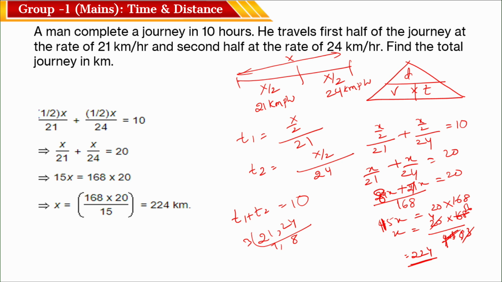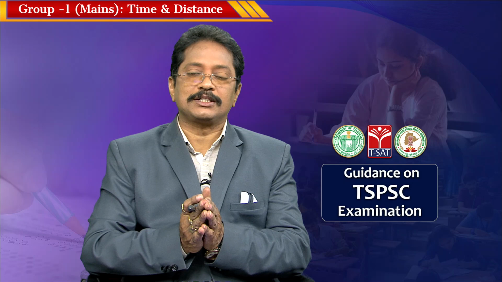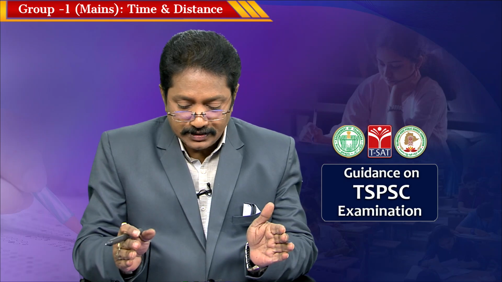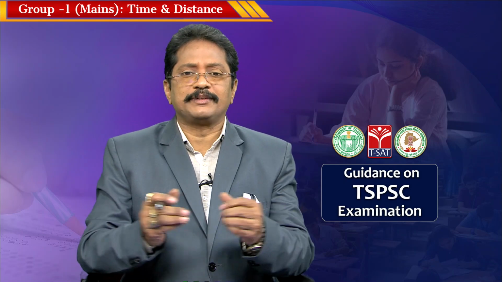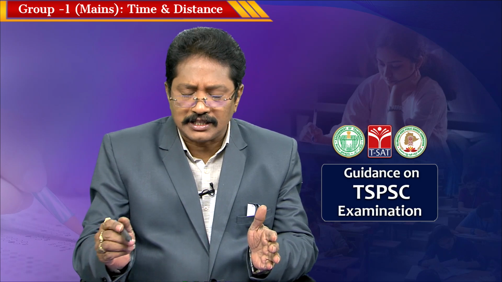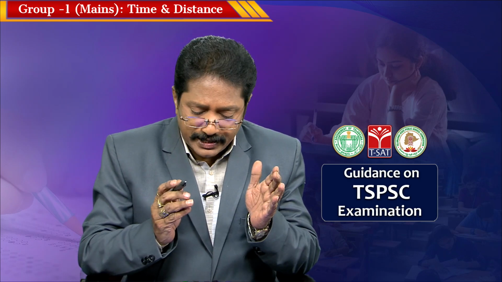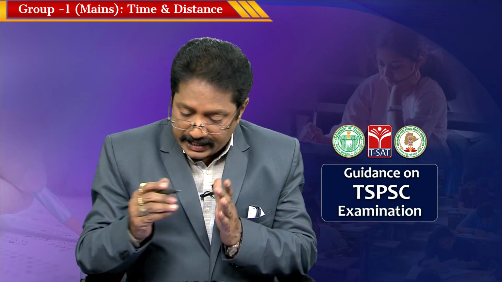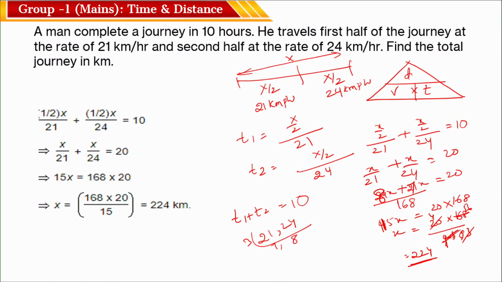Is it clear? When you prepare the solution in a diagrammatic mode, then it is easy. Otherwise, you feel a little bit of difficulty. So what is the given information? The total distance: half of the distance is travelled at 21 kilometers per hour, and the remaining half at 24 kilometers per hour. Say the half of the distance is travelled in T1 hours and the remaining half in T2 hours.